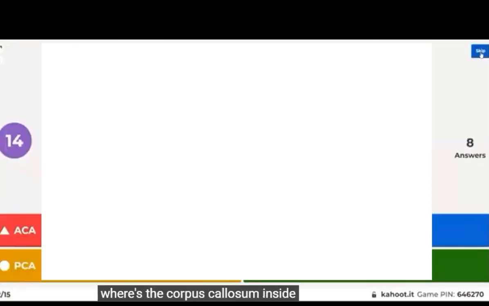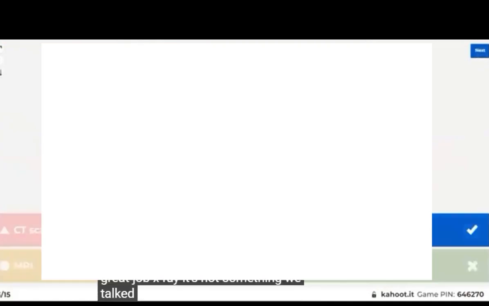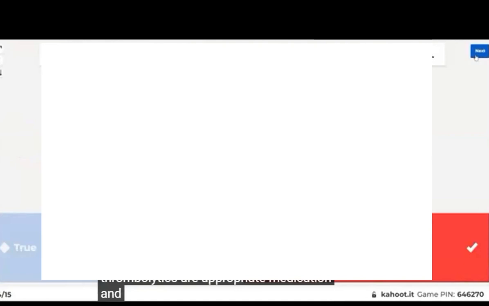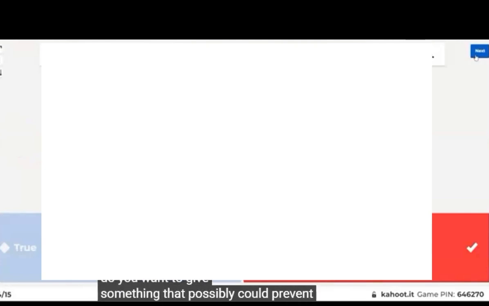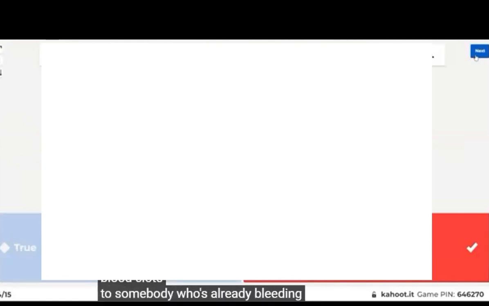The corpus callosum inside the brain, what's right here, what artery. X-ray is not something we talked about today, right? X-rays are going to show bone, they're not going to show blood. Thrombolytics are appropriate medication to manage hemorrhagic strokes. What is happening with a hemorrhagic stroke? Bleeding. Do you want to give something that could prevent blood clots to somebody who's already bleeding?